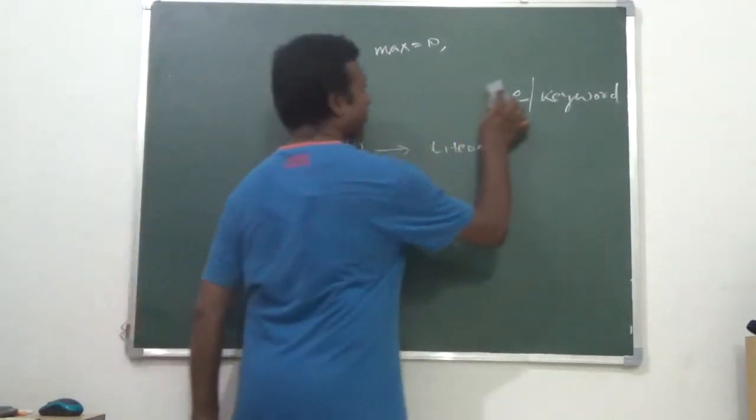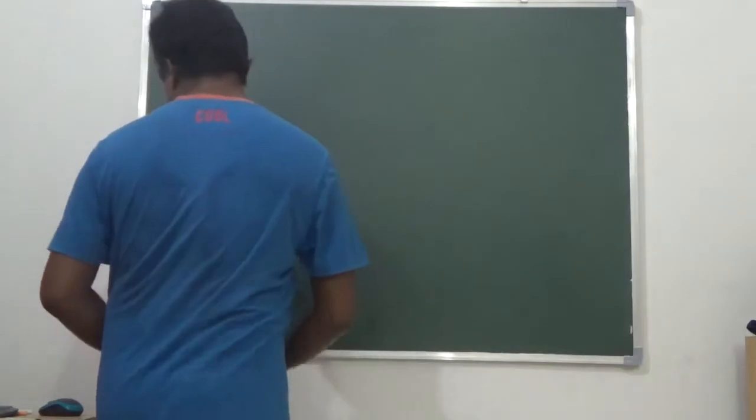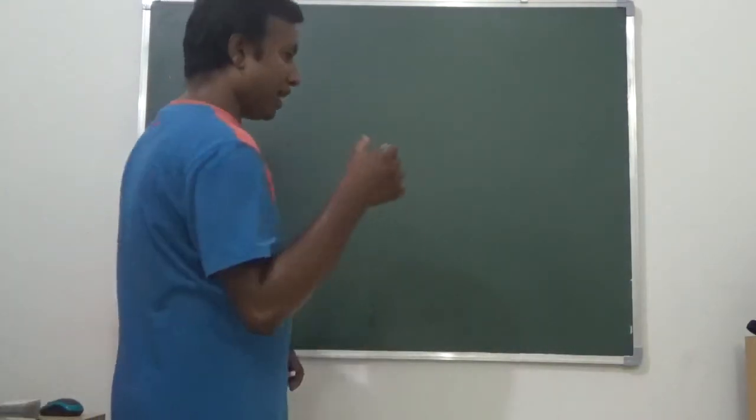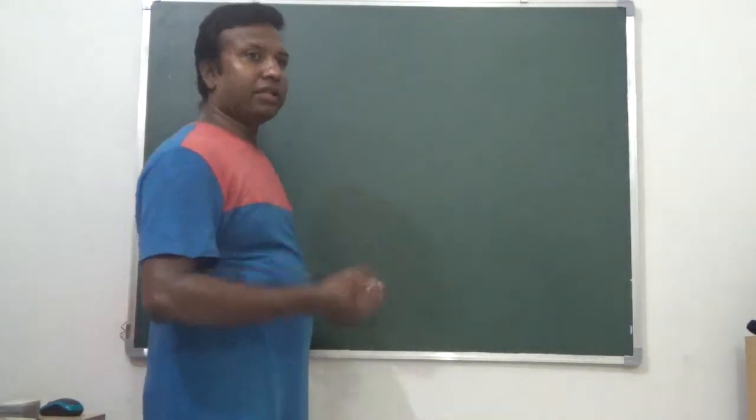We will discuss tokens later, but the first question is how we are going to identify that this is an identifier, this is a keyword, this is a literal.